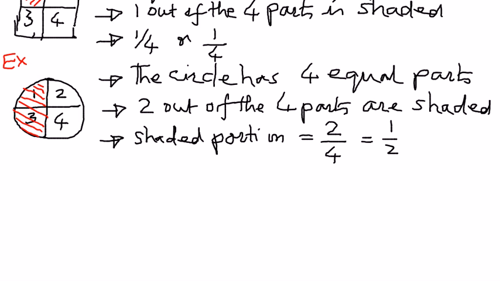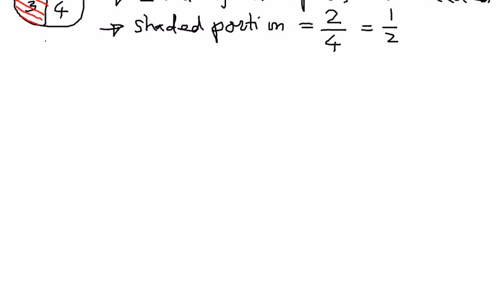Let me try another example here. This time I'm going to take a triangle like this. Let me draw this triangle, and all three sides are equal in this triangle. And if I were to draw another triangle inside of this triangle, it will look like that.